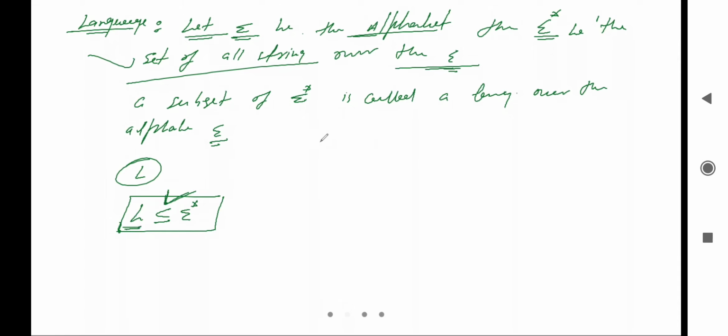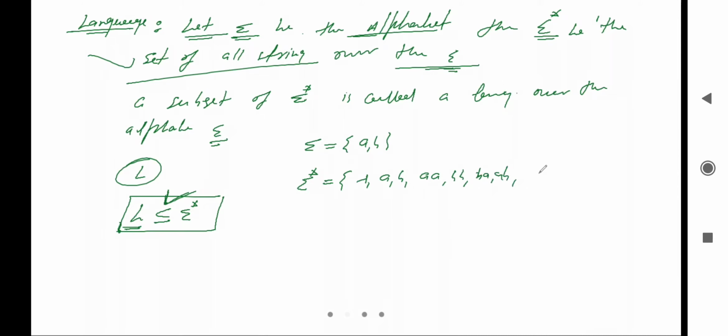What is sigma star? Let's see. We know that if the alphabet is a comma b, then what will be the sigma star? Sigma star means the set of all strings of all lengths, right? So the zero length string is null. One length: a and b. Two length: aa, ab, ba, bb.